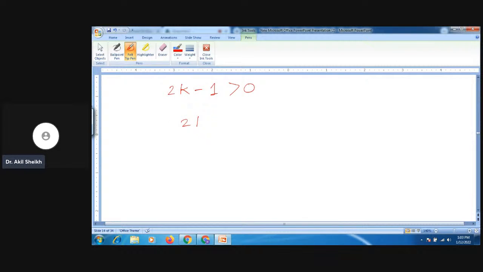So it is 2k greater than 1. So k greater than 1 by 2. This is the condition for positive eigenvalues. Now, next example.